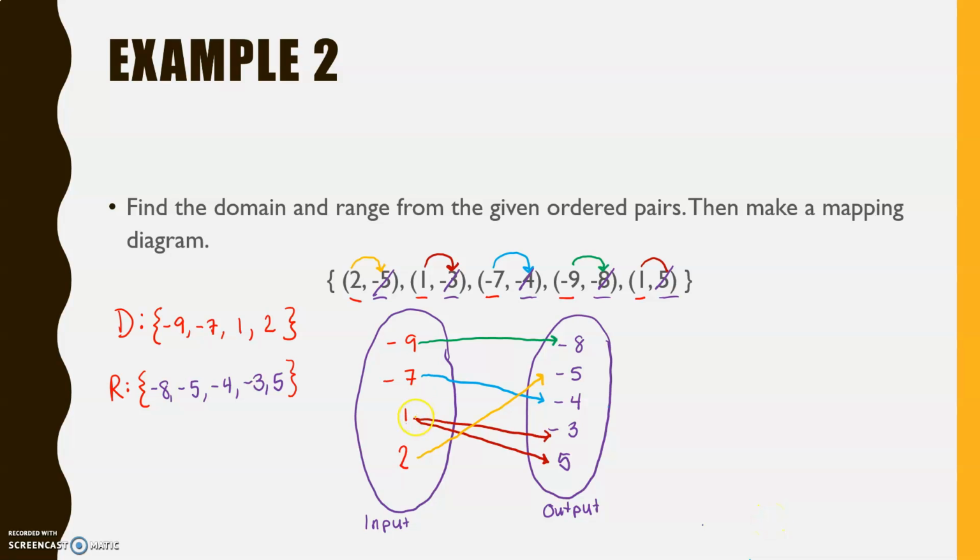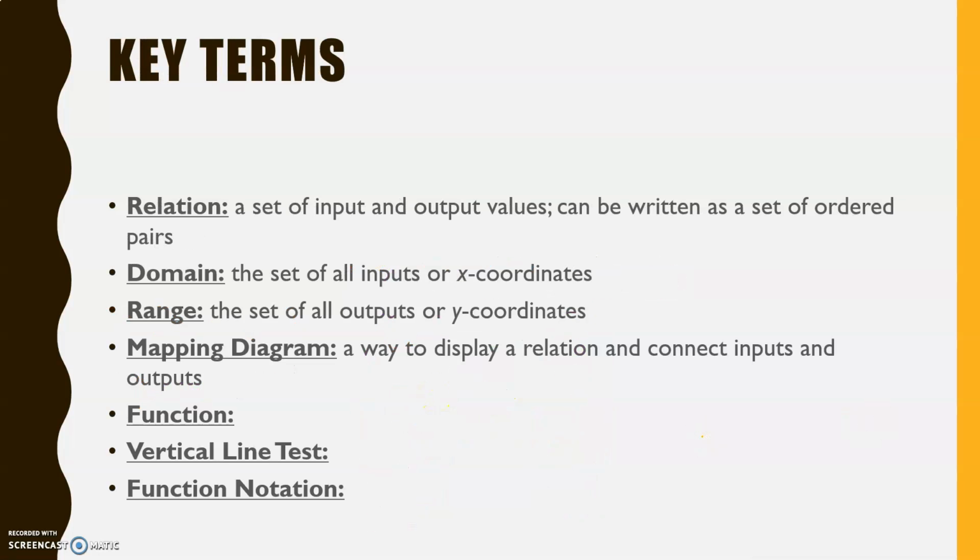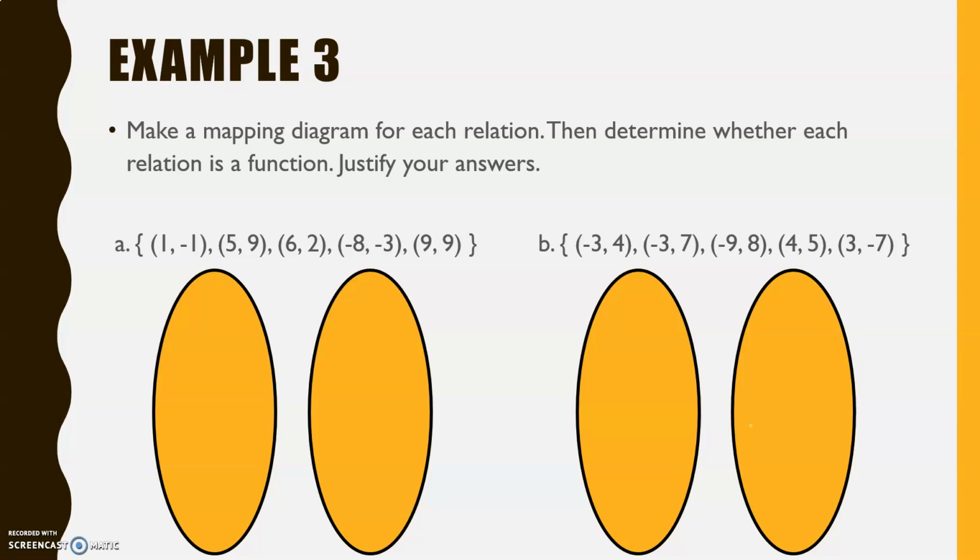It actually would not be a function because if we draw a line from 1 to 5, I also have a line coming from 1 to -3. So that means that the input of 1 has 2 outputs. And it says that in a function, each input has exactly 1 output. So let's look at a few more examples. We're going to practice with these mapping diagrams.